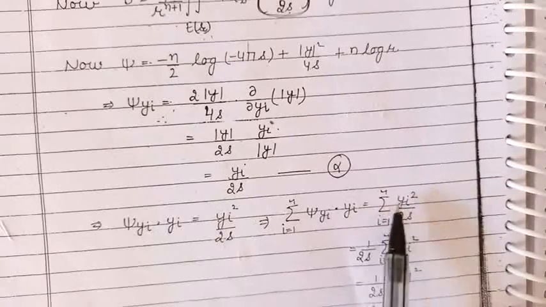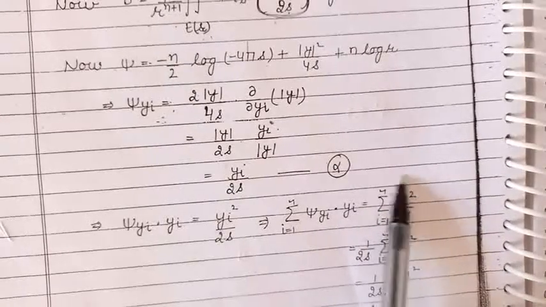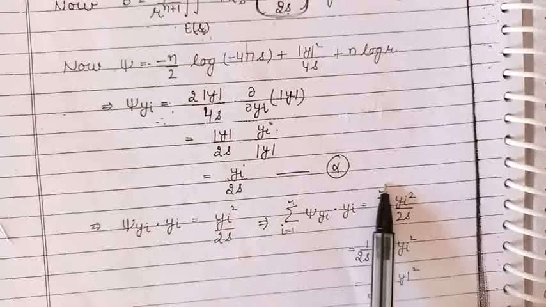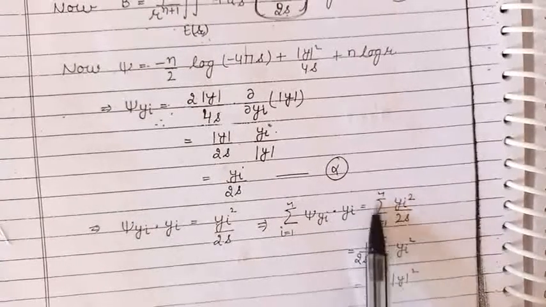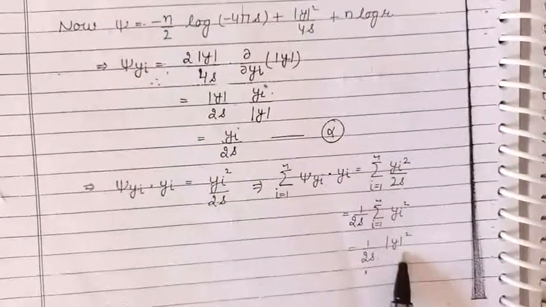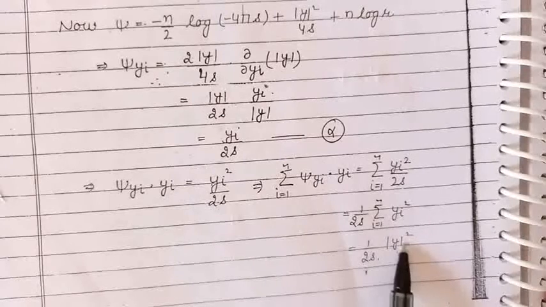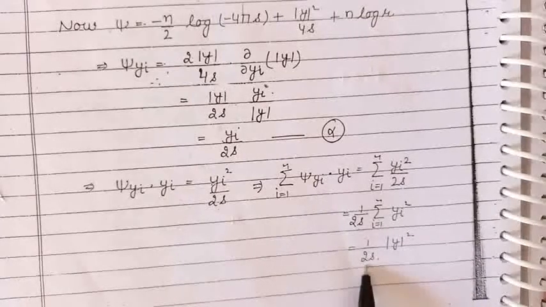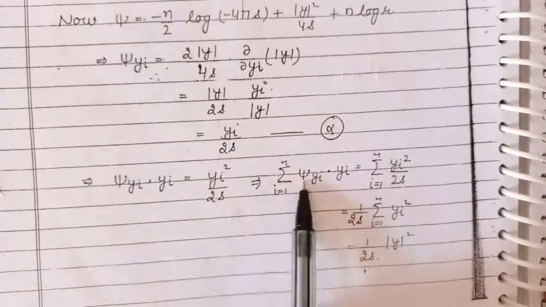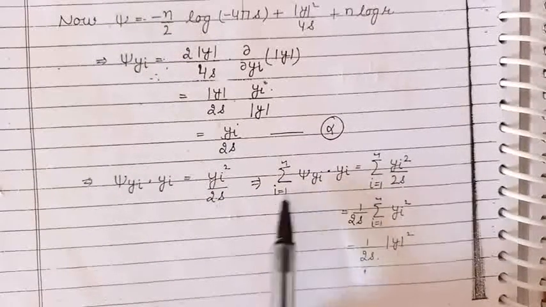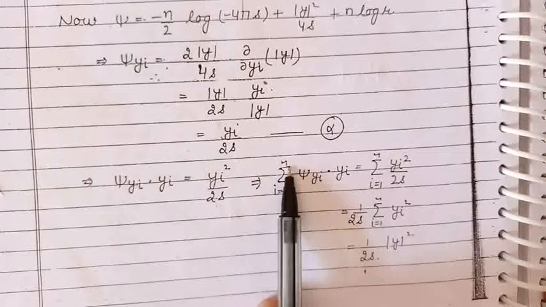So summation yi square is the square of the magnitude of y, and this expression will become |y| square divided by 2s. So we have obtained the value of |y| square upon 2s, which is given by summation ∂psi/∂yi into yi, where i varies from 1 to n.